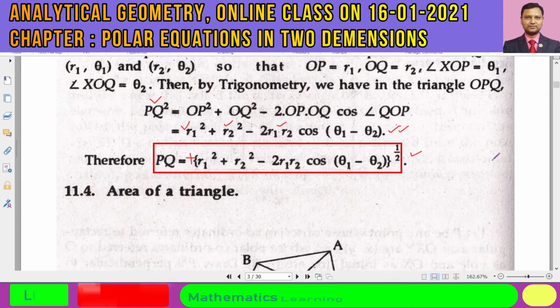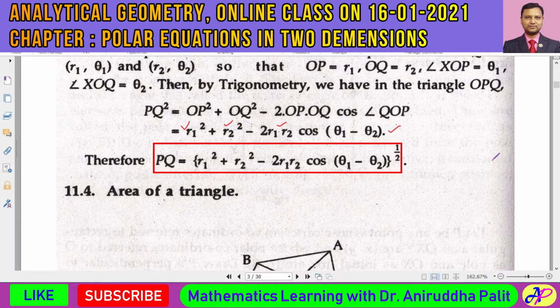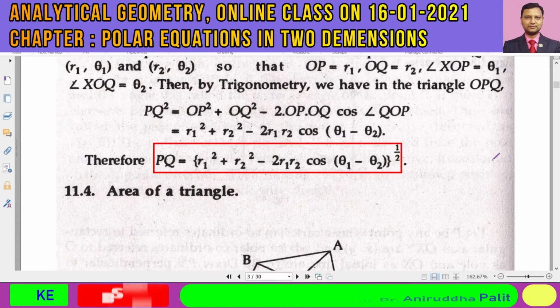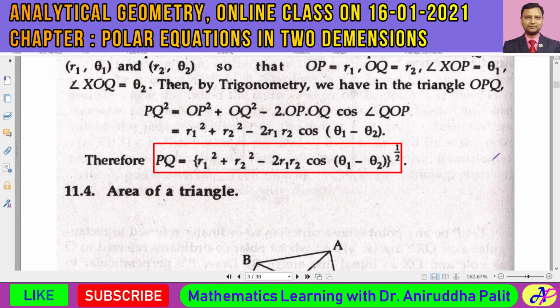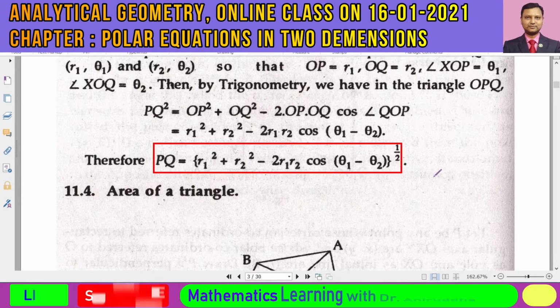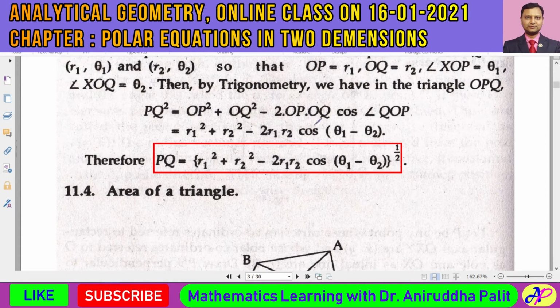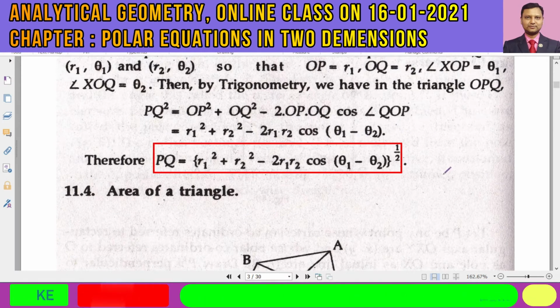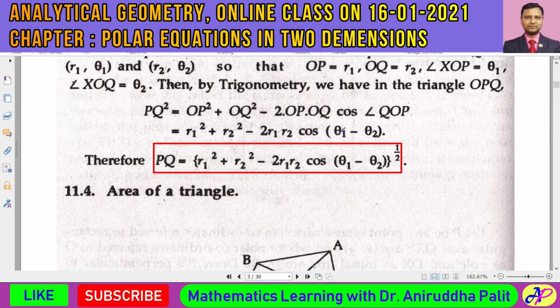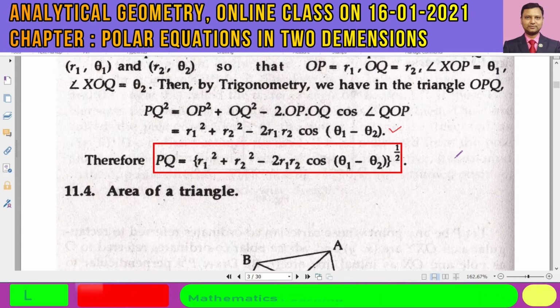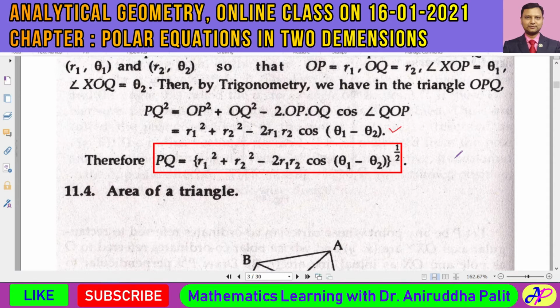Now, we got the formula for distance between 2 points in terms of polar coordinates, and in this formula you would observe that we have cos of theta 1 minus theta 2. Even if you consider theta 2 minus theta 1 in place of theta 1 minus theta 2, you would get the same expression. Why?